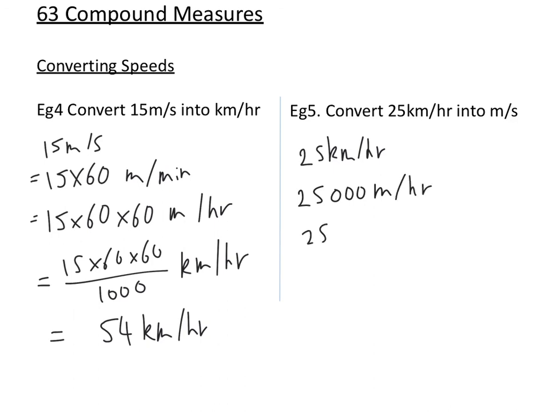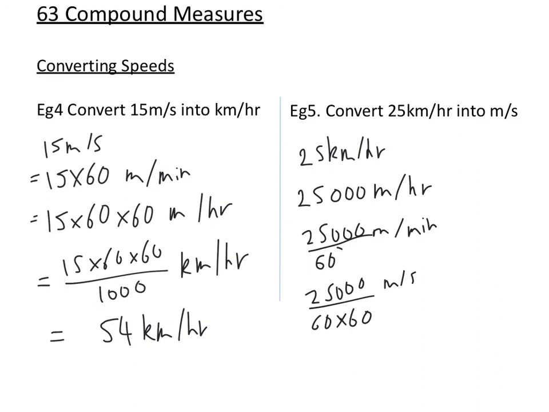If I wanted to change that into how many meters it would do just in 1 minute, it would do 60 times less. And then if I want to change that into how many it would do per second, I've got to divide that by 60 again. And if you put 60 in the denominator, that will divide the 25,000 by 60 twice.